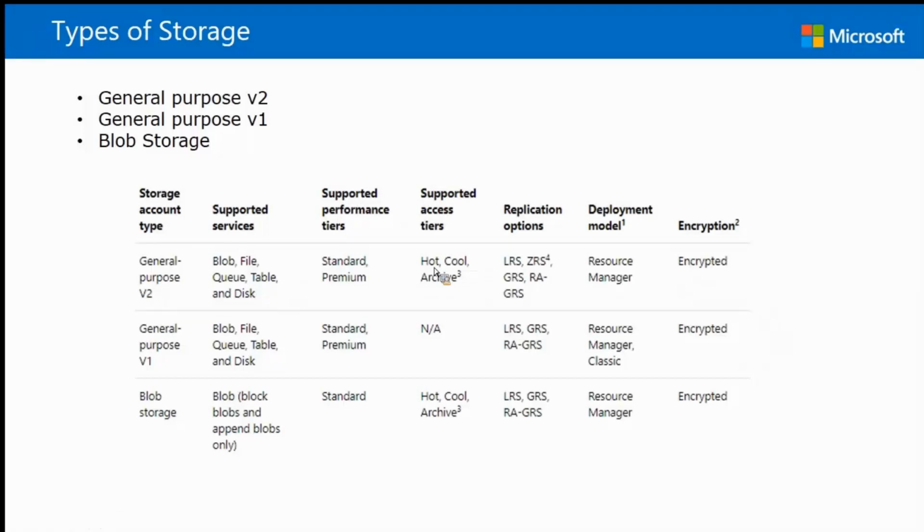So there is a price for reads and writes and accessing the information frequently. And when you pick cool, you are telling Azure that you are not going to use it so frequently. And when you pick archive, you are just using it for archiving. You just have some information, documents, or files, and you put them there, but maybe you have a policy that you need to archive that information for a year or for 2-3 years or more.